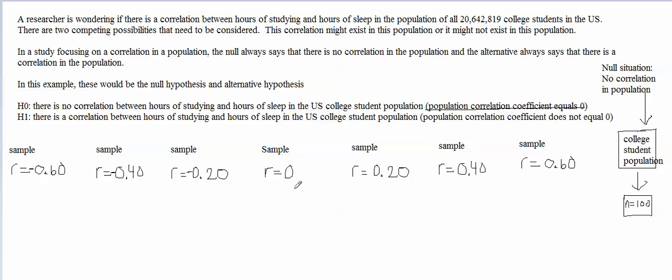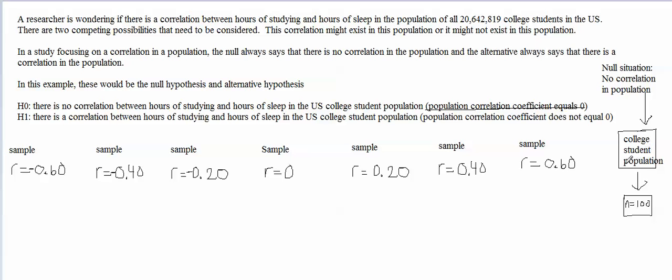Maybe the sample doesn't have to be exactly 0. It could end up being a little bit below or a little bit above 0. But if the population has a correlation of 0, the sample correlation should be somewhere near 0.